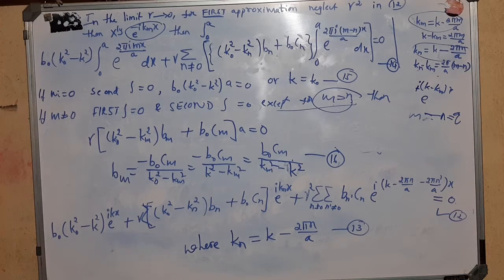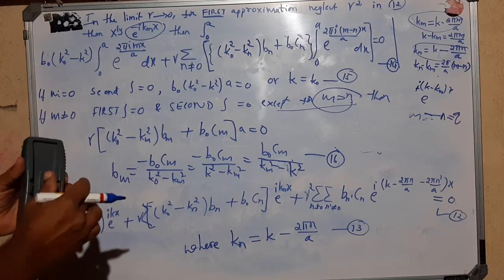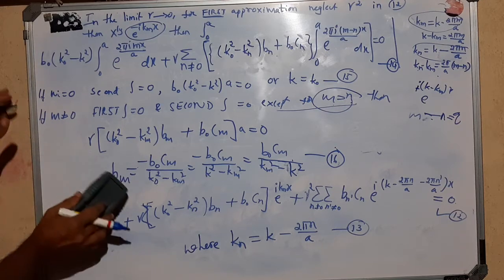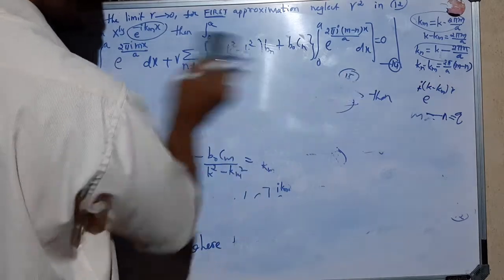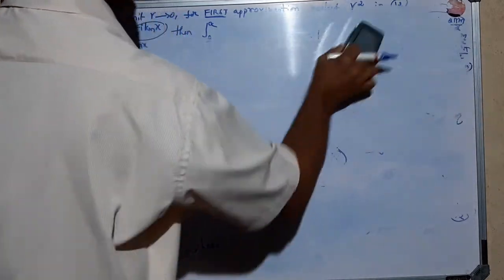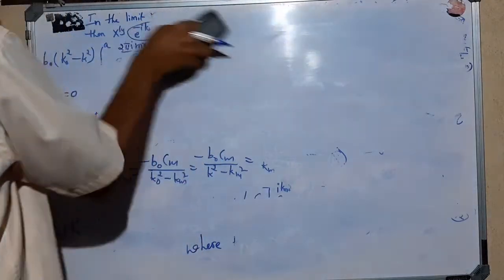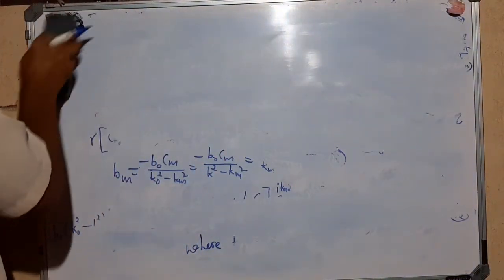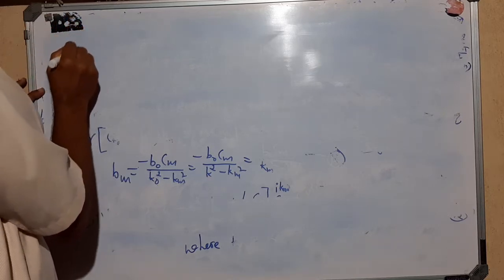Now, what you have to do is substitute this equation number 16 in equation number 11. Okay. So, equation number 11 is the expression for xi of x.